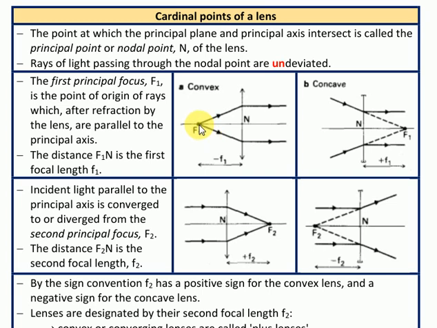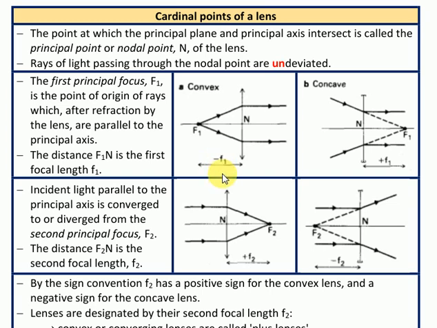The first principal focus is represented by F1. It is the point of origin of rays which after refraction by the lens are parallel to the principal axis. The distance F1N is the first focal length, represented by f1.